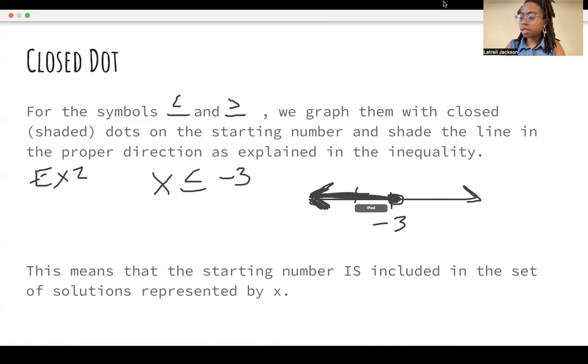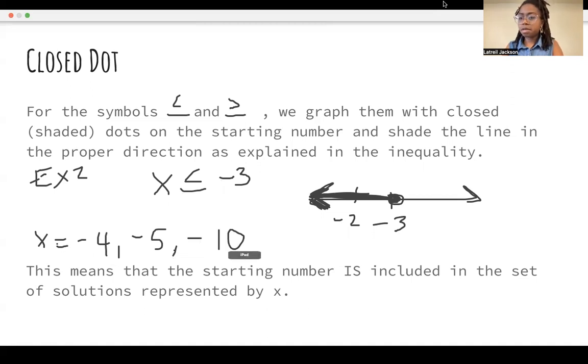So some possible solutions could be, oh, sorry, not -2. Wrong direction. Could be -4, -5, -10. All right, so those are some of the solutions for this inequality.